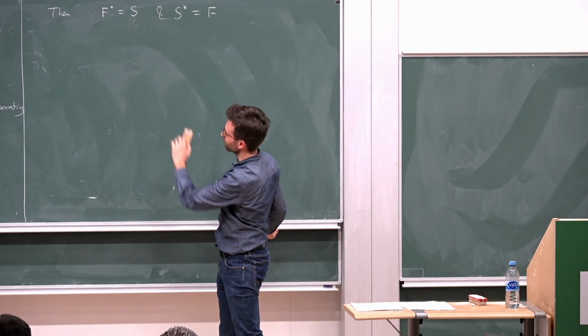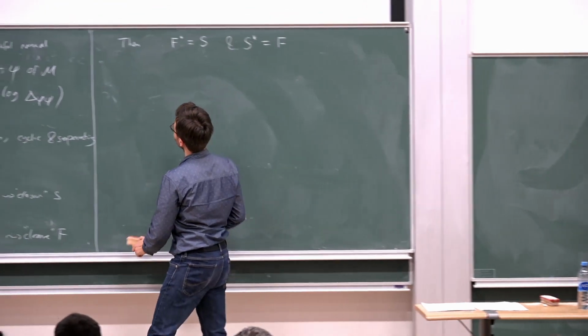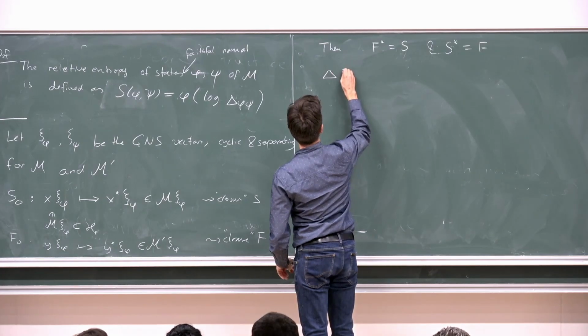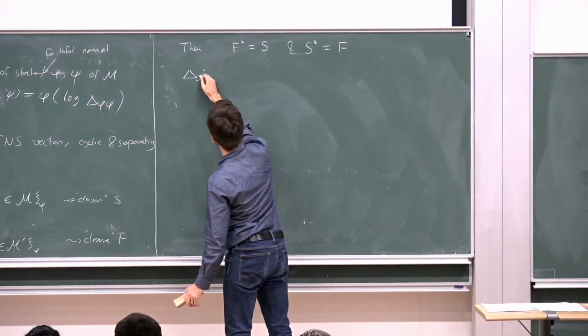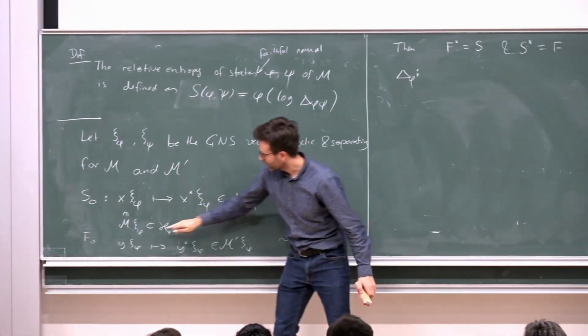But if I compose F and S, two antilinears, I get back a linear. And that's what we want to do now. We define this operator. By the way, this F and this S depend on the choice of phi.